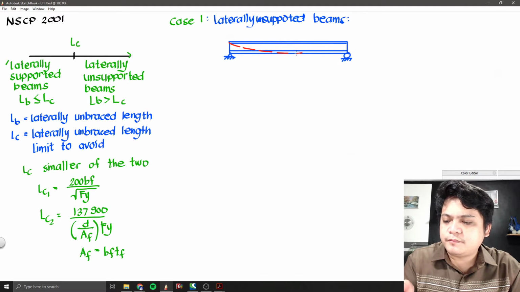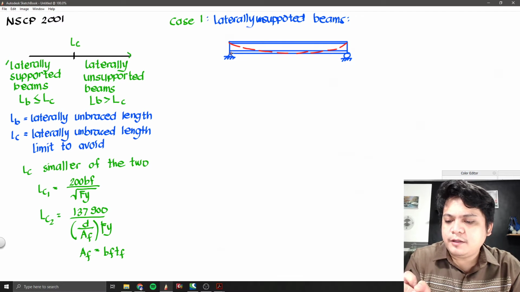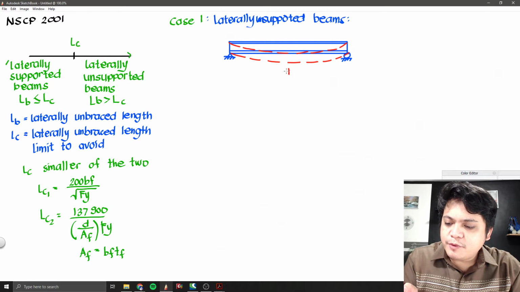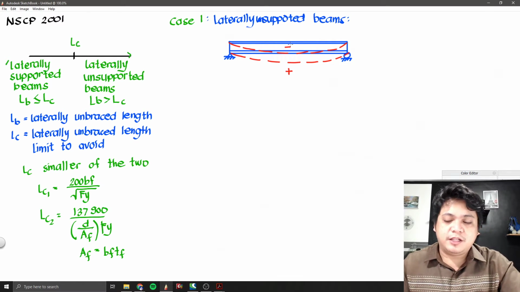The bottom would be in tension and the top would be in compression.